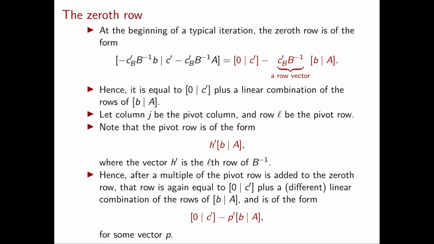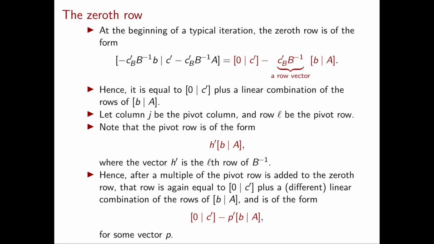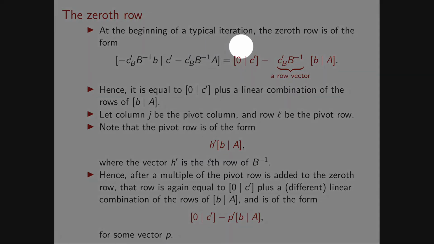You can immediately see that minus CB B inverse appears in all columns of this vector. So we can factor it out and write this row vector as 0 C transpose minus CB B inverse times BA. At this point, I don't really care so much about what this quantity over here is. What is important is that this is just a row vector.